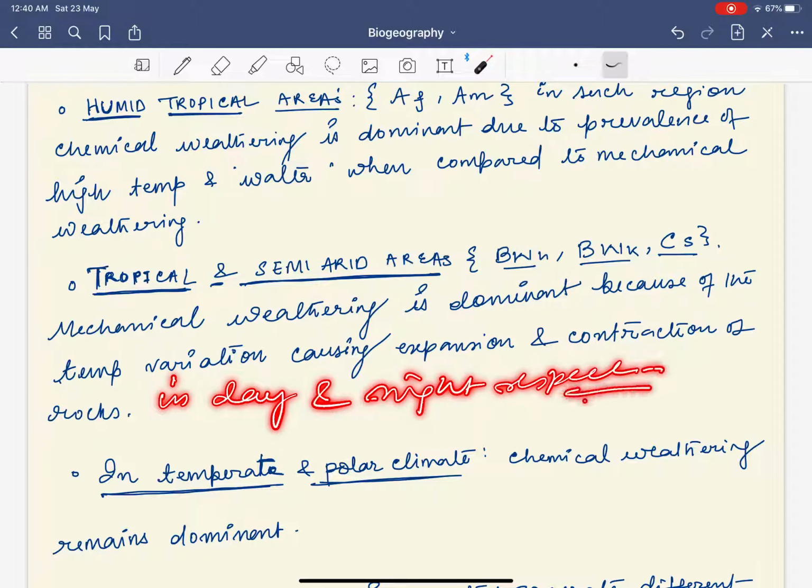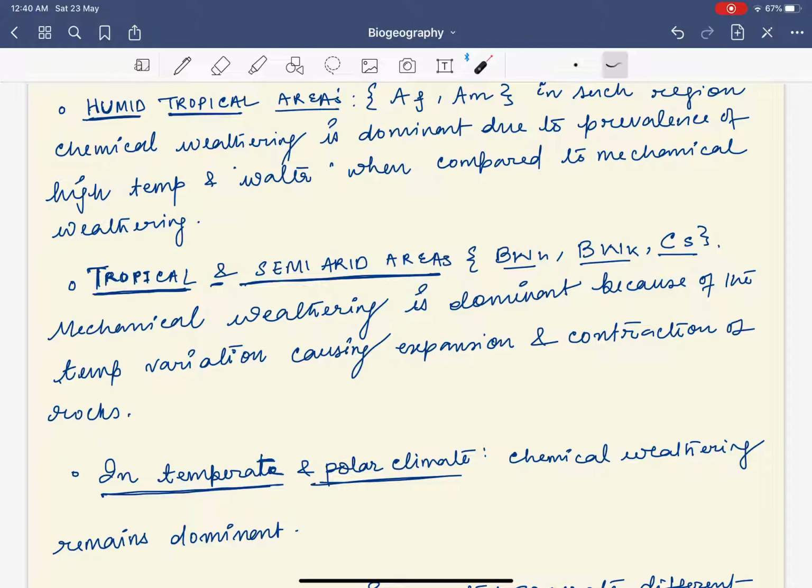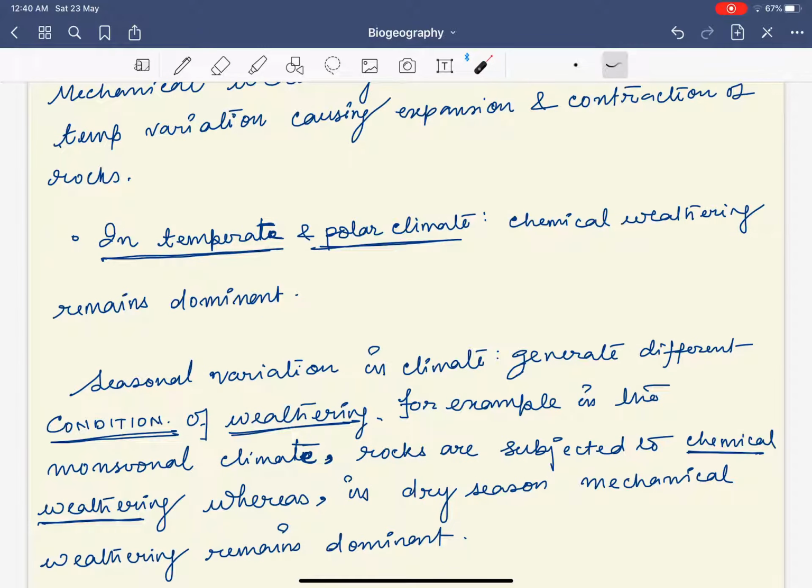I hope you get that. During the daytime the rocks are warmed up, as a result they expand, and during the night time they cool, as a result they contract. In the desert, during the night time the temperature even falls below 0 degrees centigrade, hence they contract.